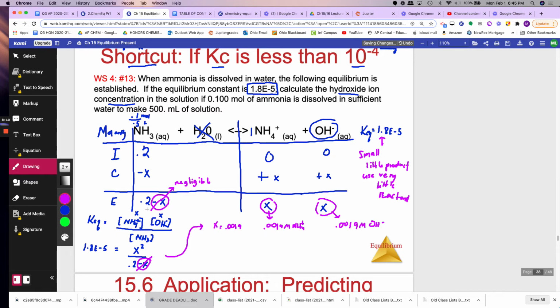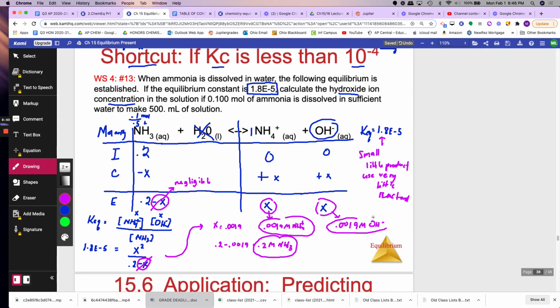And if you want to see how much ammonia is left over, you're going to do 0.2 minus 0.0019, which is pretty much still 0.2 molar of ammonia. Do you see that? And these are the equilibrium concentrations. That means this is what you have in the beaker when the reaction is done.